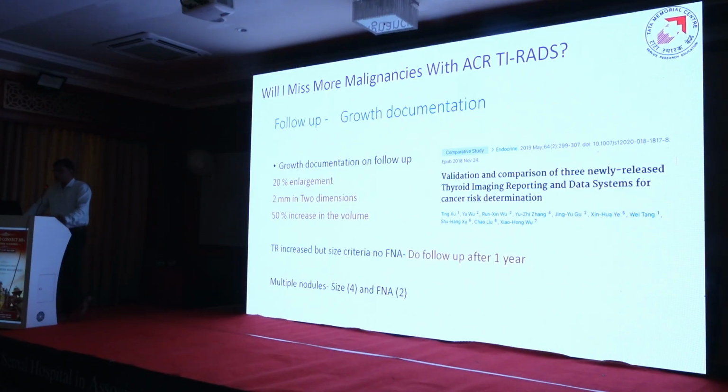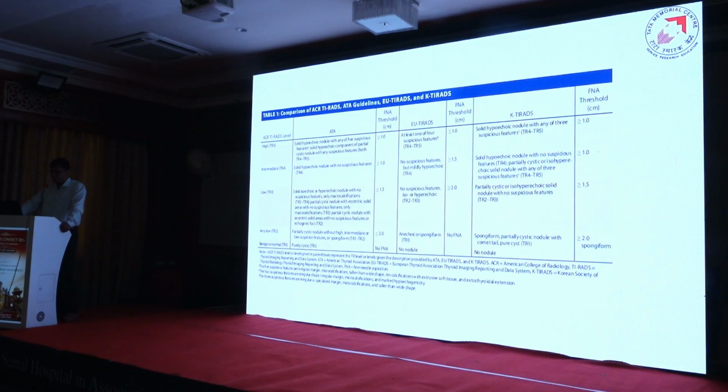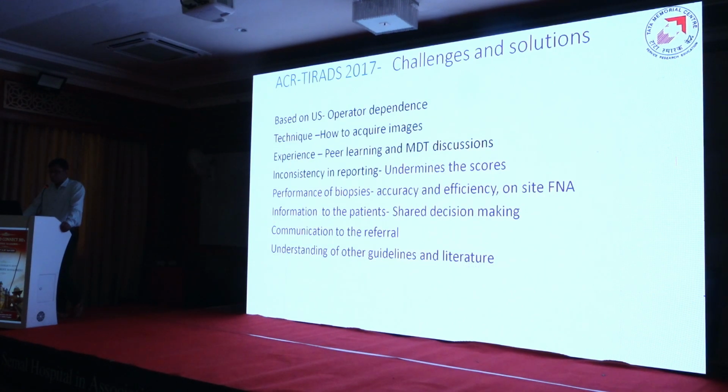We will follow up these nodules, and if there are multiple nodules, we will measure the size of 4 nodules and only biopsy the 2 most suspicious ones, and also see the laterality, whether they are bilateral. There are various classifications among the various continents and countries, but more or less the features remain the same. TIRADS is given importance because it advances the technique by which images are acquired.